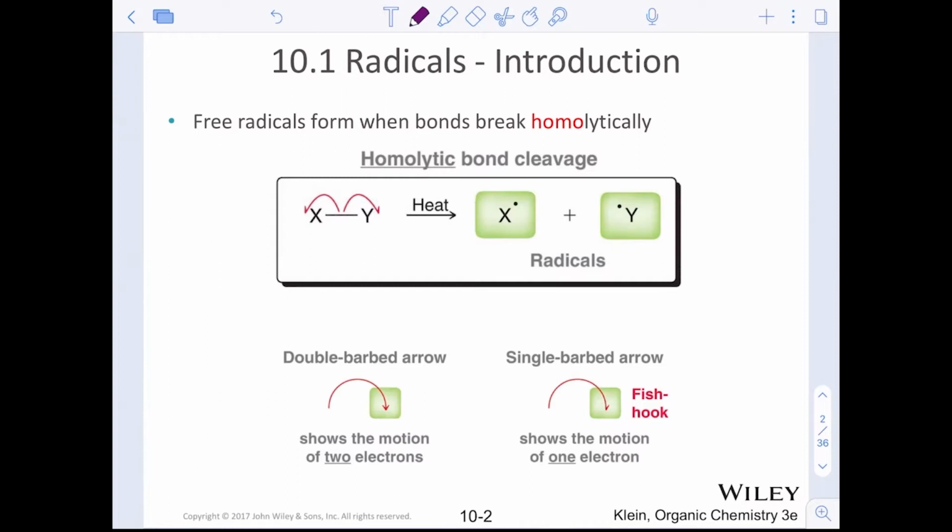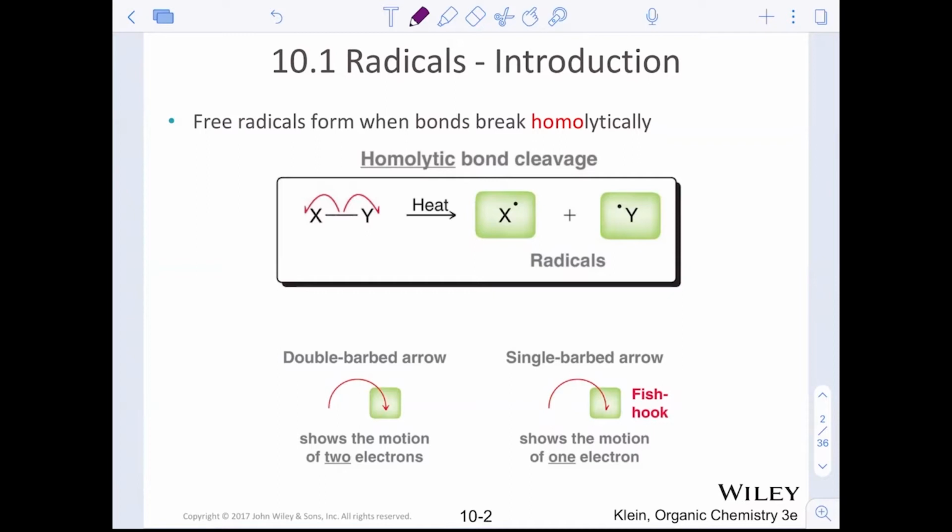We'll get into the real-life applications like polymerization and free radical oxidations, antioxidants, things like that in the classroom. Free radicals form when bonds break homolytically.